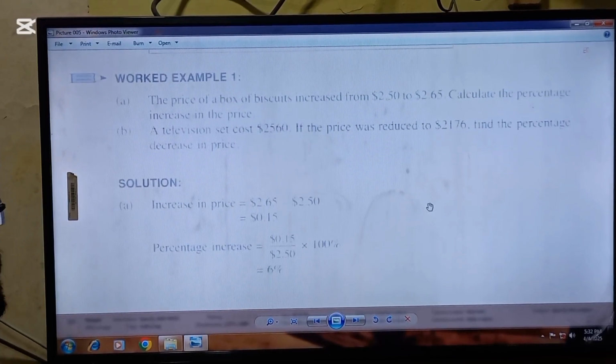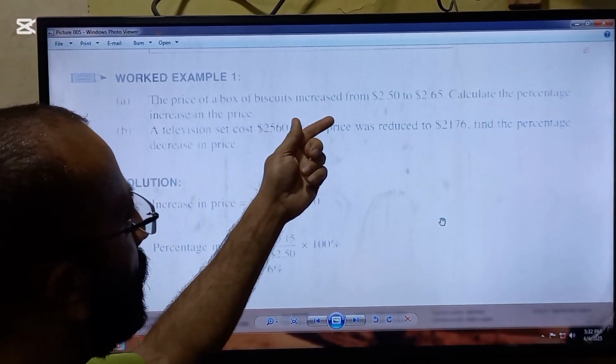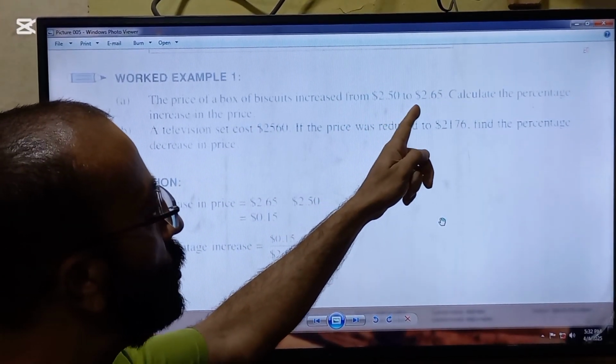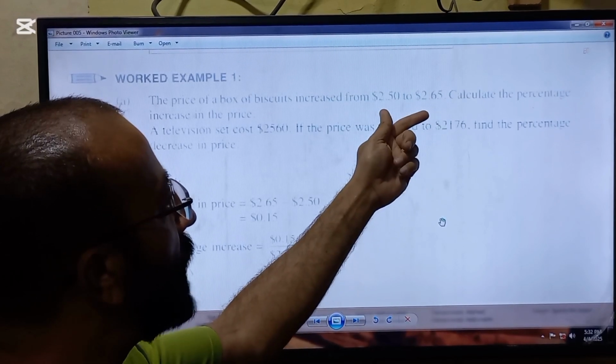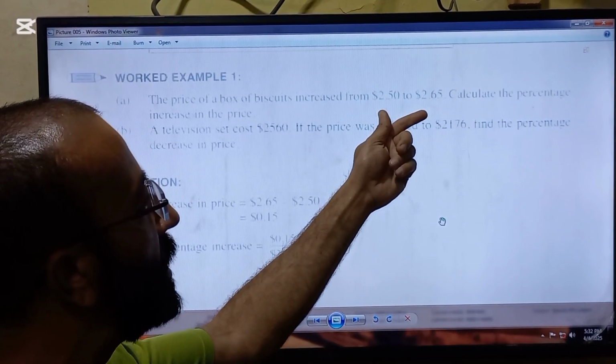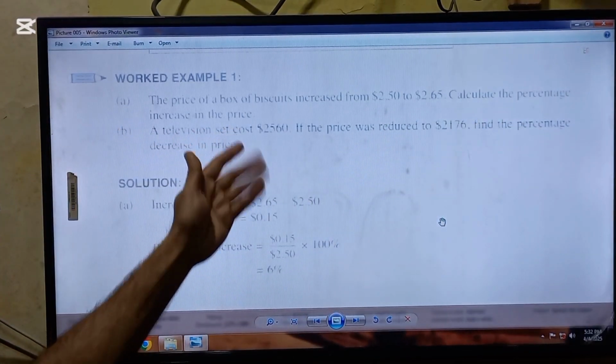So look here now. A part: the price of the box of biscuits increased from $2.50 to $2.65. You can clearly see from here that the increase in the price is $0.15. Calculate the percentage increase in the price.